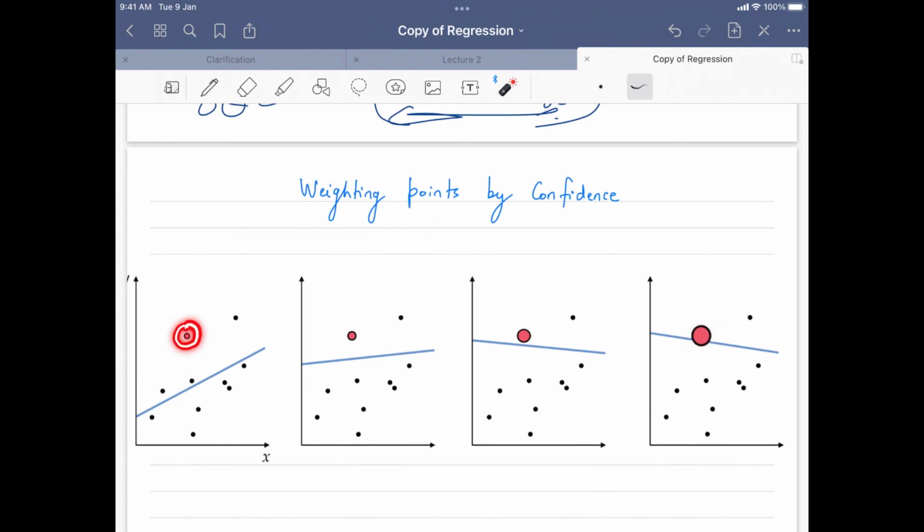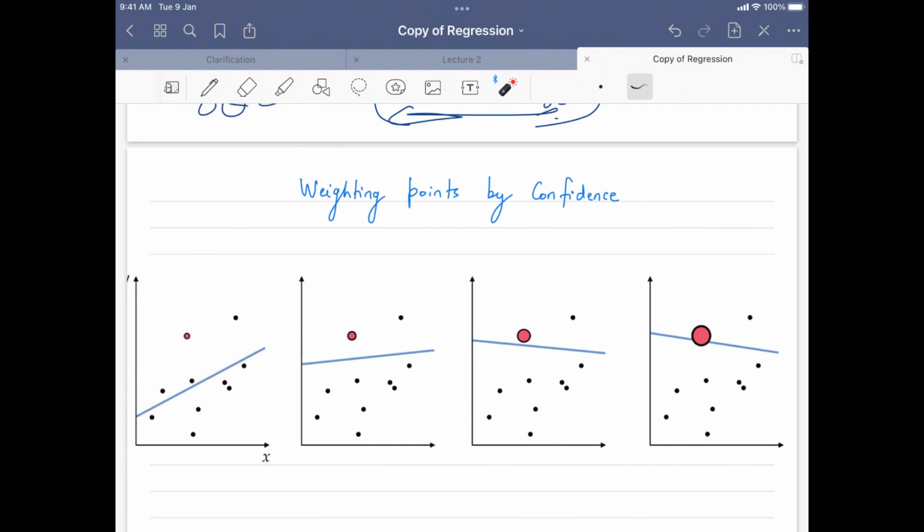Here the weight is less, here the weightage given to it is more, and here the weightage given to this is more than this. As the weightage is given more and more, represented in the size of the circle, you can see the line is shifting towards these dots.